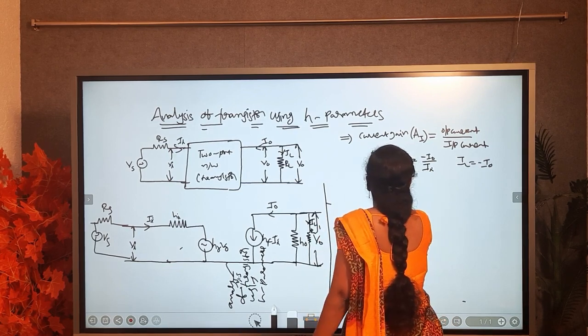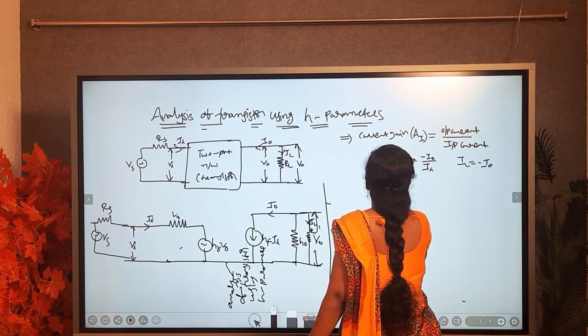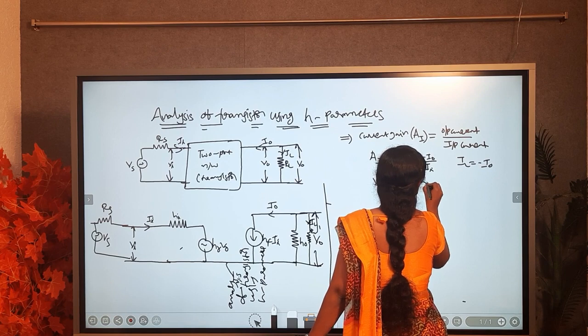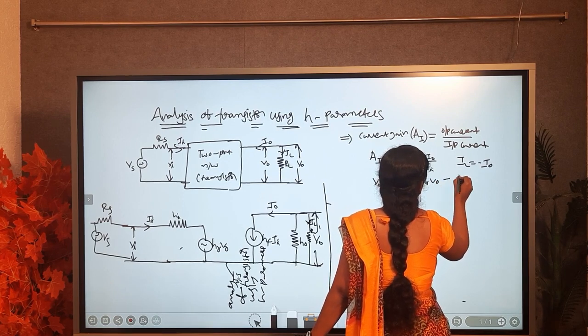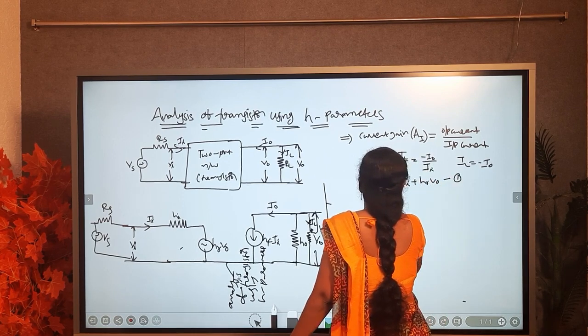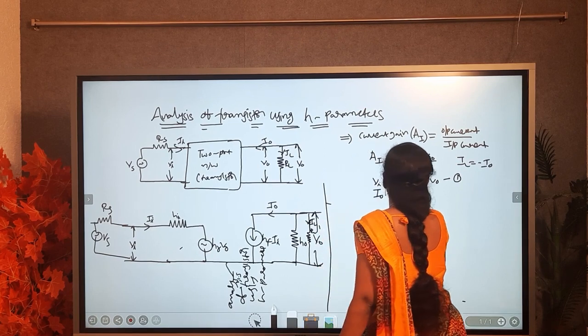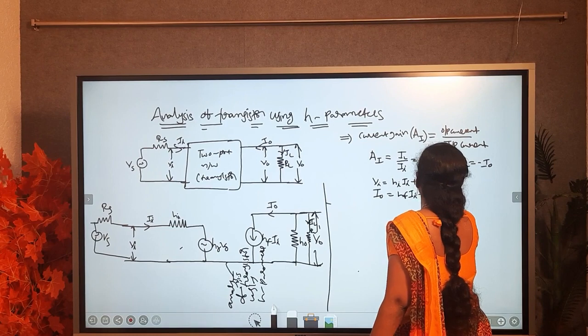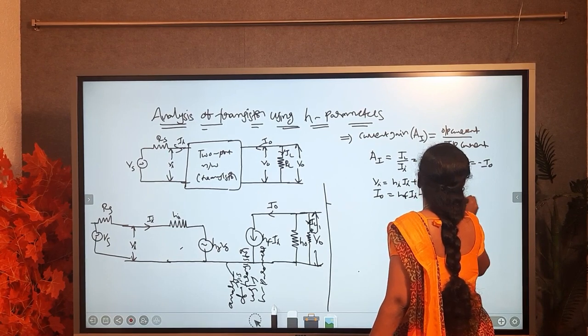We know the equations: Vi equals Hi into Ii plus Hr into V0, this is equation number 1. I0 equals Hf into Ii plus H0 into V0, this is equation number 2.